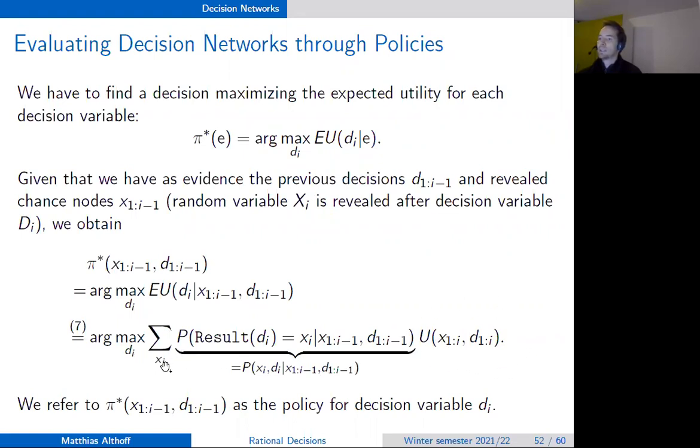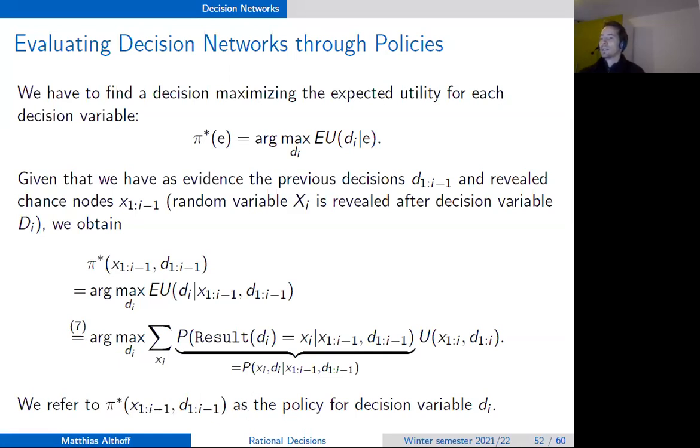So we are summing over all the x_i's here, so that we just then have the utility of the decision given all the random variables and decision variables. Okay, and so we refer to pi star as the optimal policy for the decision variable d_i.